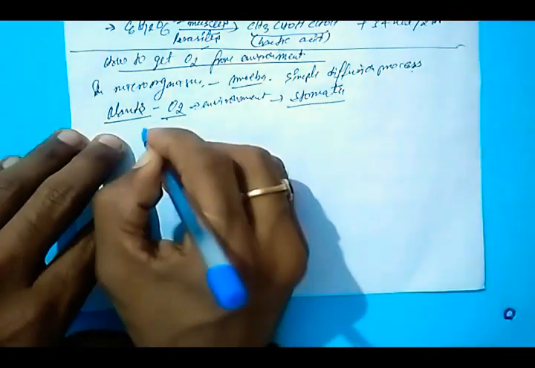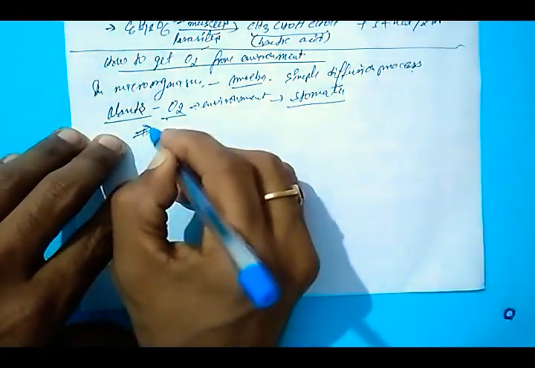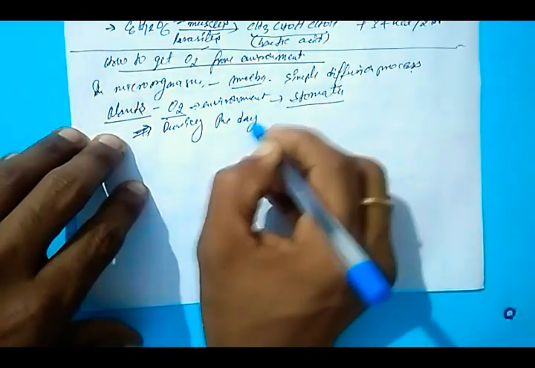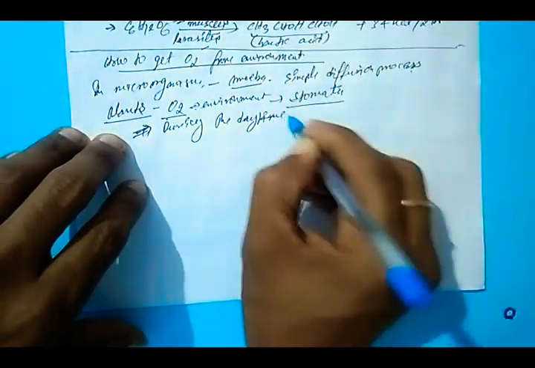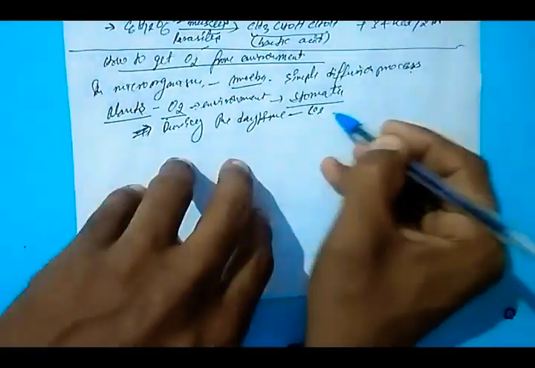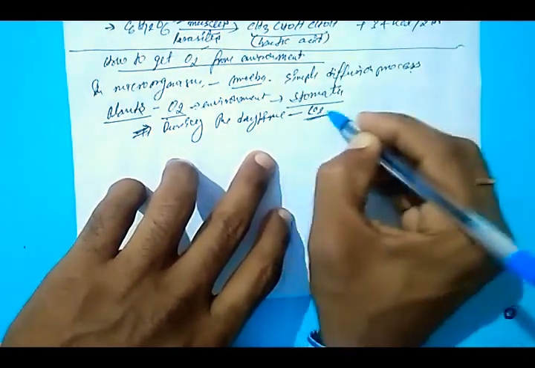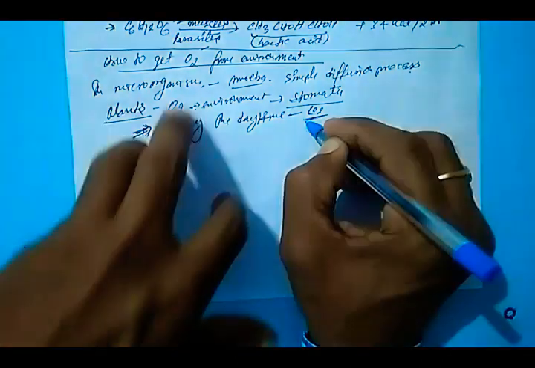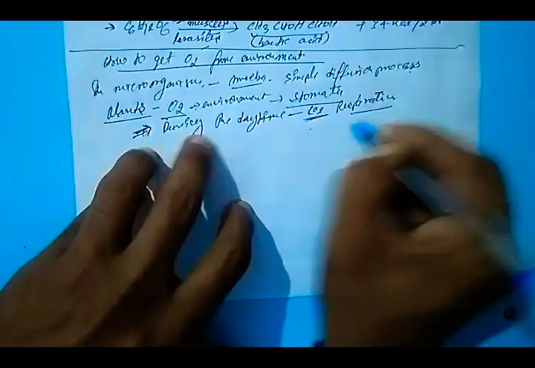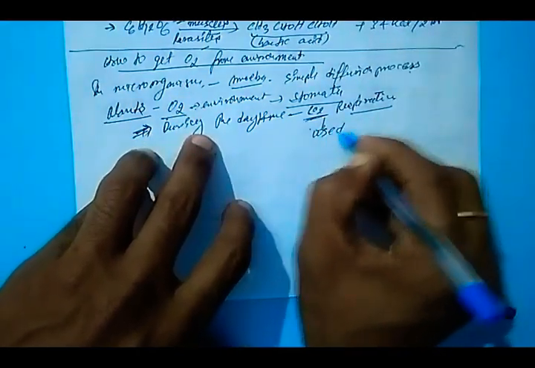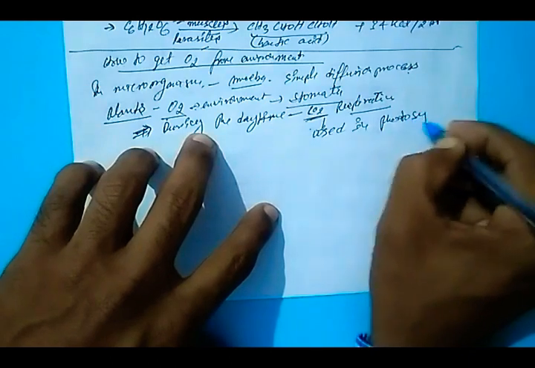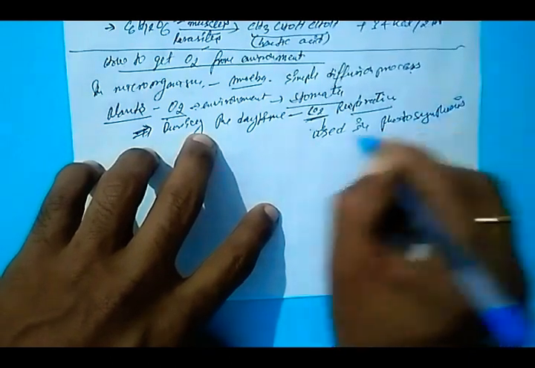But the important thing is that during the daytime, the carbon dioxide which is evolved during respiration is used in photosynthesis.